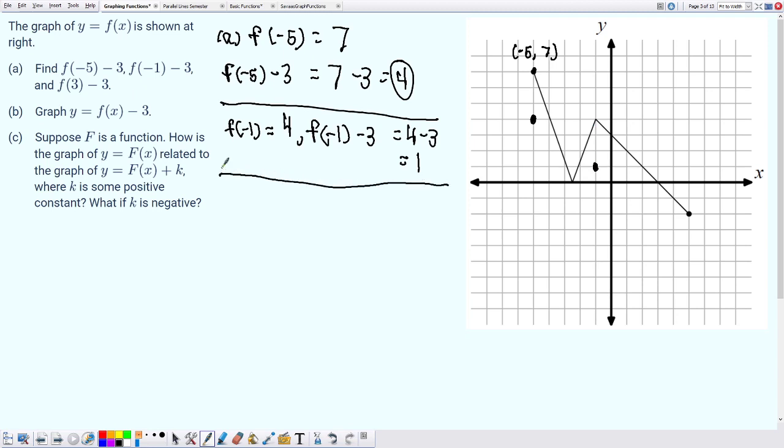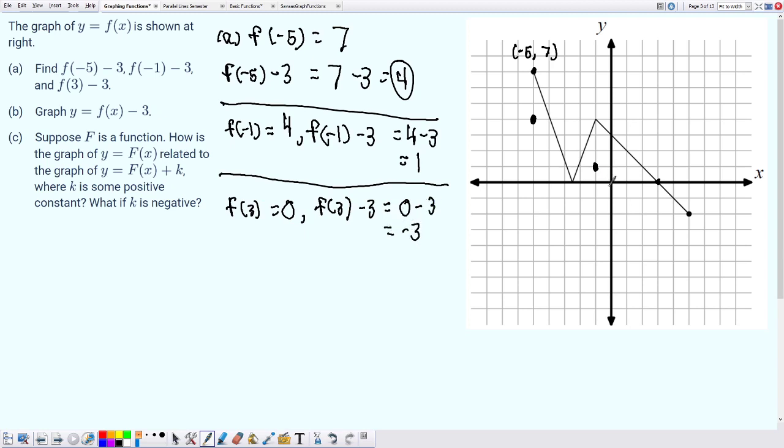And finally, for part A, we have f of 3, which is, well, 1, 2, 3, 0. Therefore, f of 3 minus 3 is going to be 0 minus 3, which is negative 3.